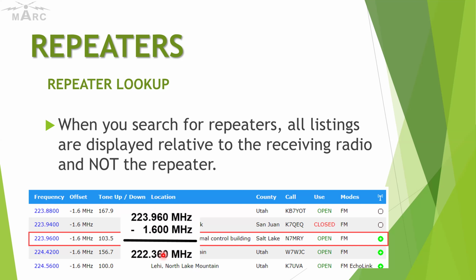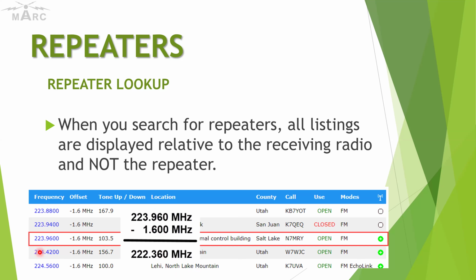So some radios can do an automatic repeater shift, and so you don't have to worry about that. Chinese radios like Baofengs, you have to actually program in the transmit frequency. There is no automatic repeater shift on those radios. But it's easy to do because you have all the clues right here.